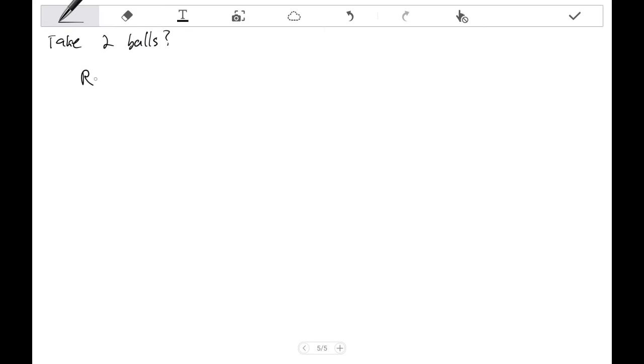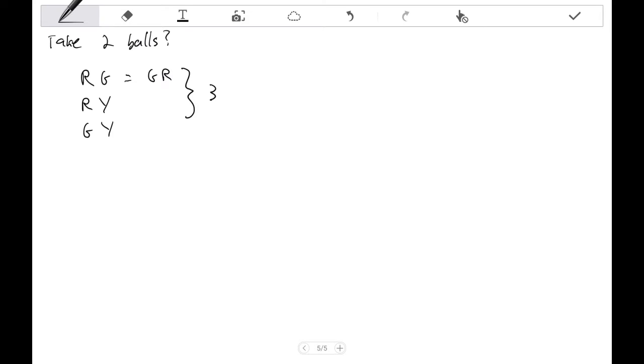We could have red and green, which, I'll just say, is the same as green and red. It doesn't matter what order they come out. So we could have red and green, we could have red and yellow, we could have green and yellow. Those are the only possible combinations. So in total, we'd have 3.